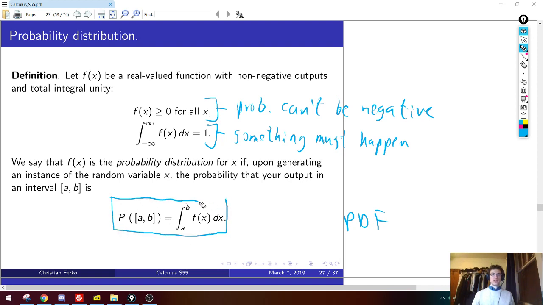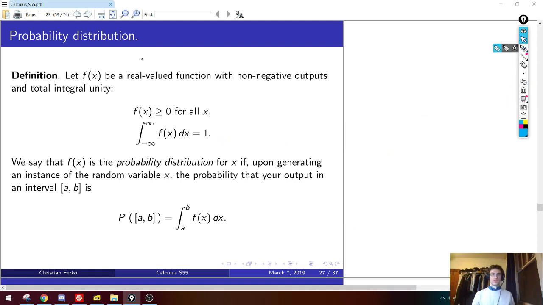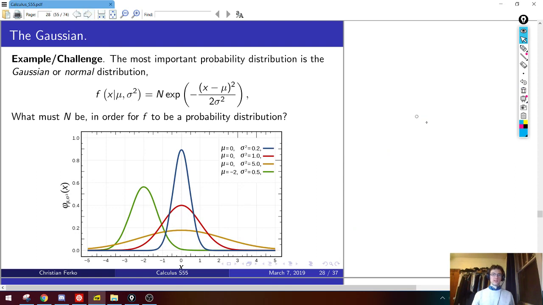So this is the definition. It's a probability distribution. Non-negative, integrates to 1, and the probability of getting an outcome in any interval is just the integral of the PDF over that interval. That's what we mean. Okay, questions on the definition? Okay, good. Let's do a challenge then.